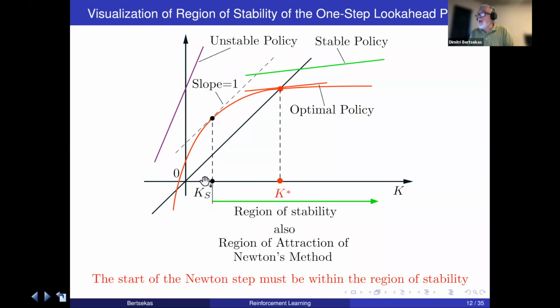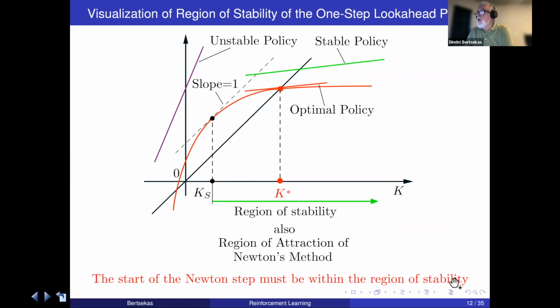If it started outside this region of attraction, it may never converge to anything. If you look at your calculus books at Newton's method, you will see, I'm sure, examples where Newton's method does not converge. It converges within some favorable region of attraction around the solution that you're interested in. And in the context of control theory and reinforcement learning, it relates to the region of stability. So the start of the Newton step must be within the region of stability.